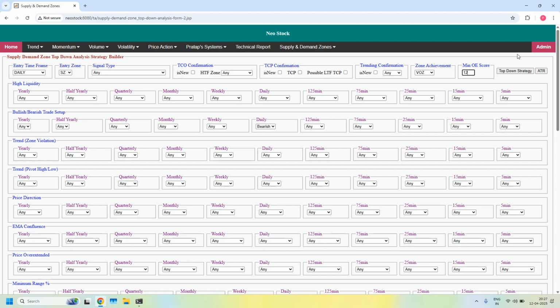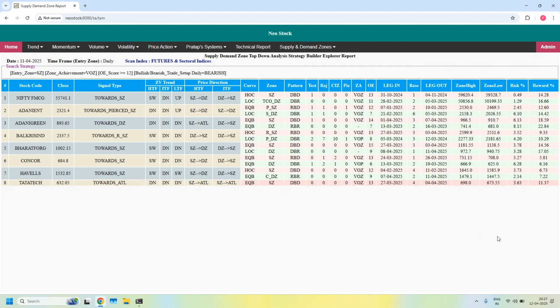So with these filters, we got 8 stocks. These 8 stocks are supporting bearish trade setup for monthly income trade, and the entry time frame zones are these daily supply zones. These are the entry time frame zones.